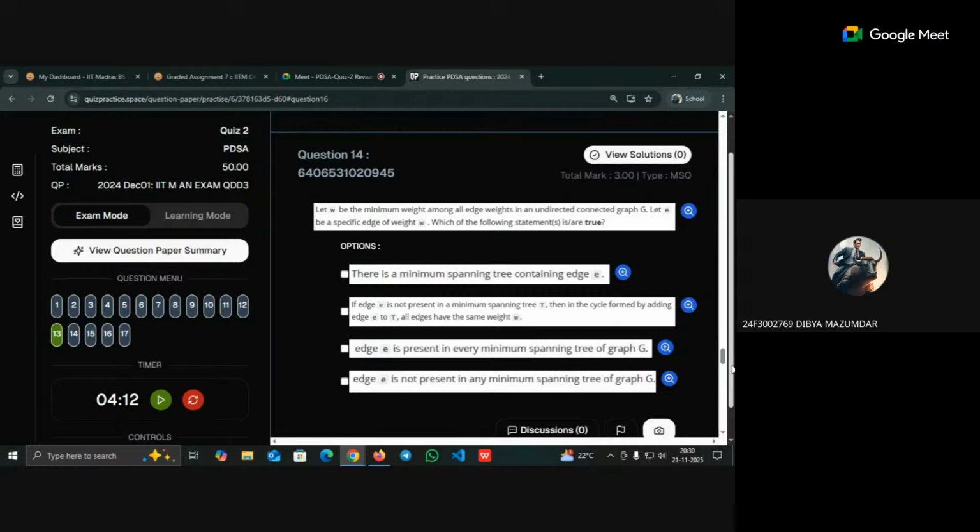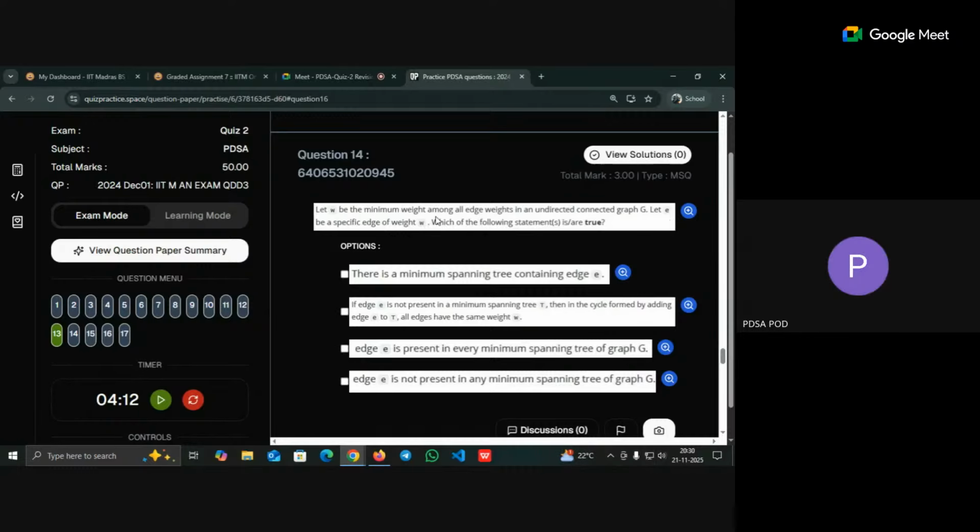Ma'am, the correct answer of this question is that there is a minimum spanning tree containing edge E. But it is not necessarily so, because if your minimum edge weight is W, the minimum cost spanning tree always contains the edge W. It says that W is the minimum weight among all edges in an undirected connected graph G. Let E be a specific edge of weight W. Which of the following statements are true?